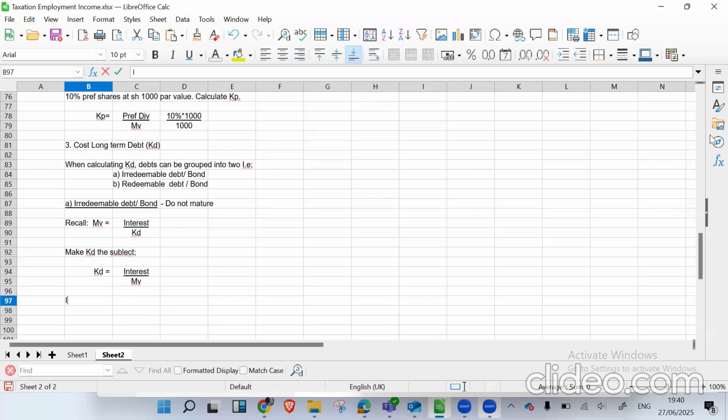Nice. Then we say, in case of a discount, that is D, or flotation cost, it reduces the price.